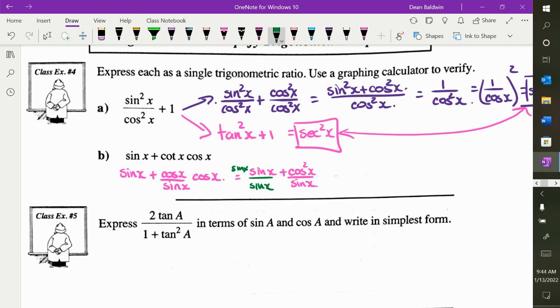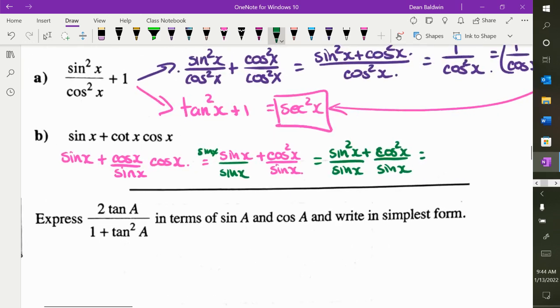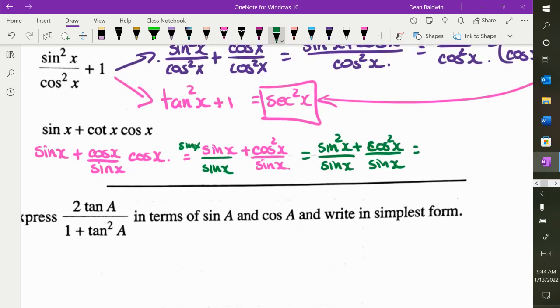So the top becomes... Does that make sense? So now we have sine squared x over sine x plus cos squared x over sine x. You see where this is going? You have a common denominator, so you can put them together now.